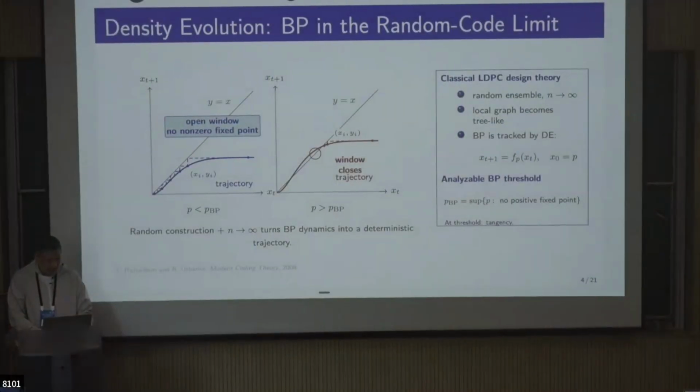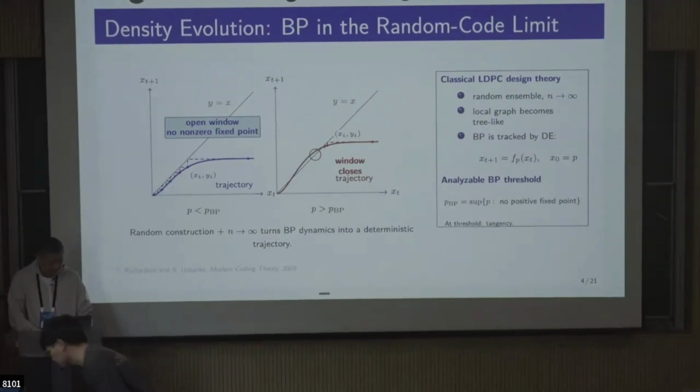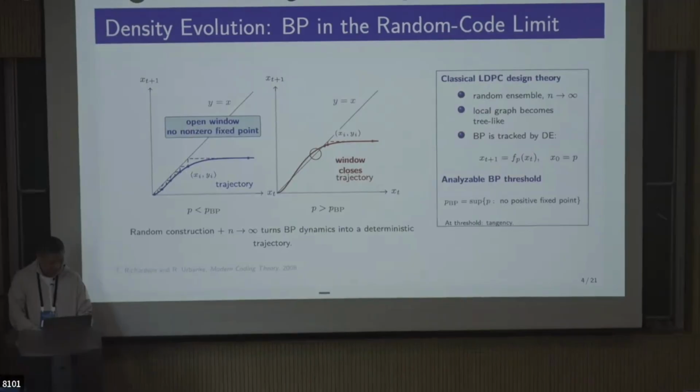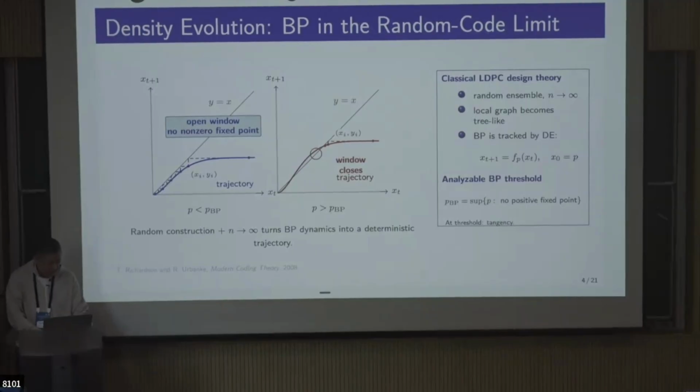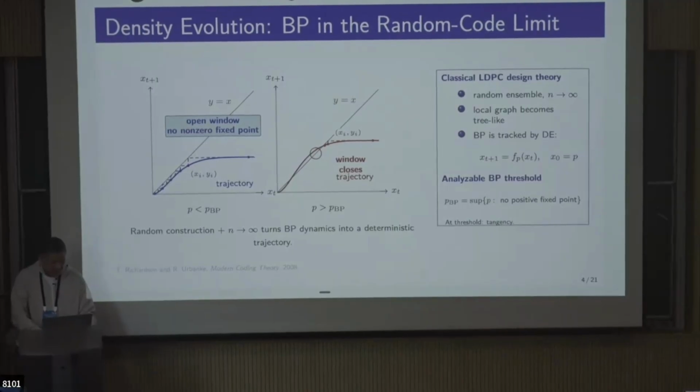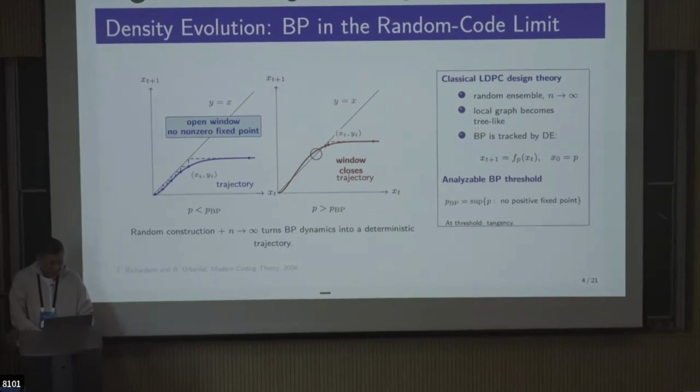The recursion means that one number summarizes the typical BP message quality after each iteration. Below the BP threshold, the trajectory moves towards zero, so BP succeeds asymptotically. Above the threshold, a non-zero fixed point appears and traps the trajectory.